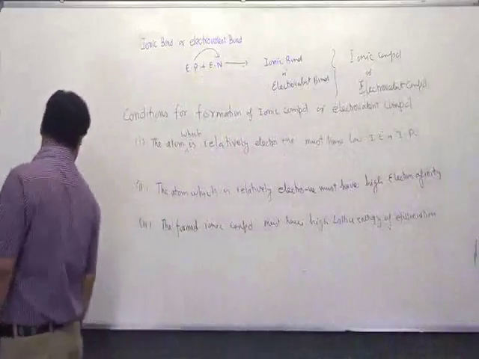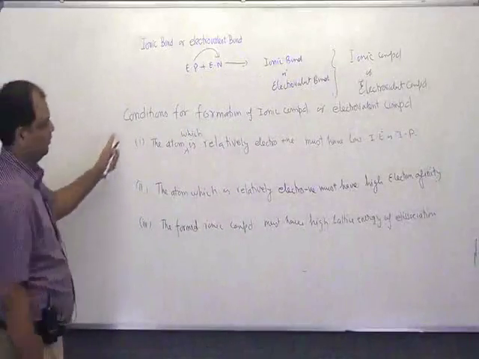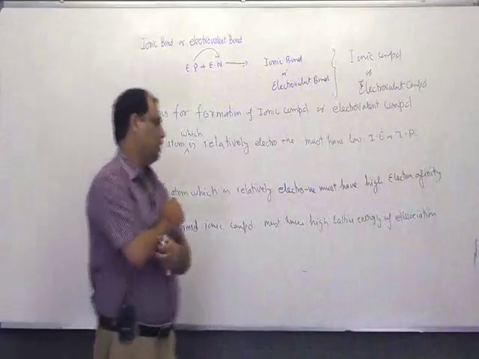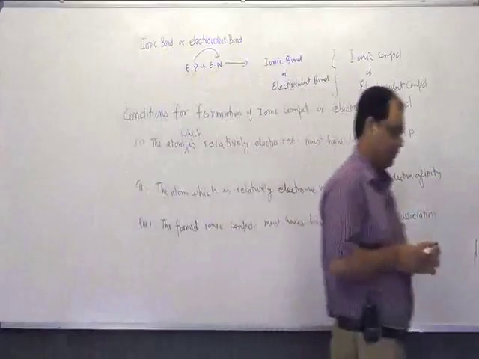So these are the three conditions which are required for formation of ionic compound. Now I will explain what is lattice energy of dissociation.